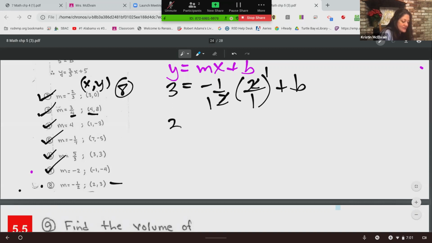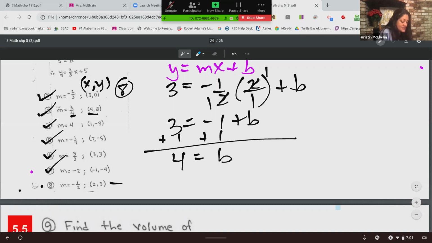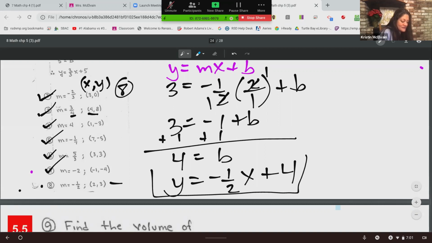Simplify. 3 equals negative 1 plus b. Add the opposite to each side. 4 equals b. So our slope-intercept equation is y equals negative 1/2 x plus 4. And done with number 8.